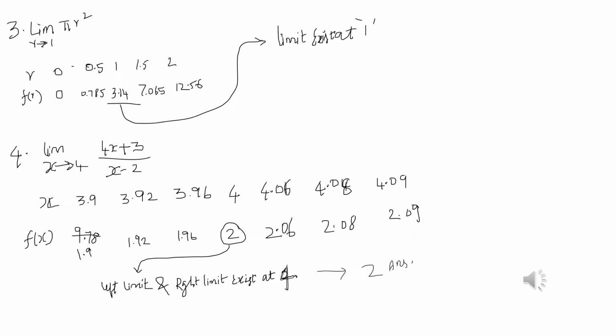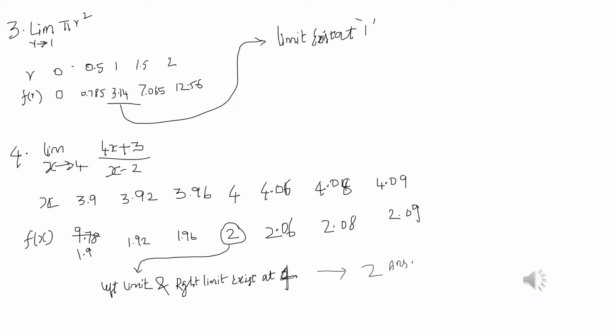The third question: the limit as r approaches 1 of pi r squared. Here I'm giving some explanation with a horizontal graph of r and f of r. f of r is the whole function and r is a value which is approaching 1. From the negative side the values are 0, 0.5, and the positive side would be 1.5 and 2.